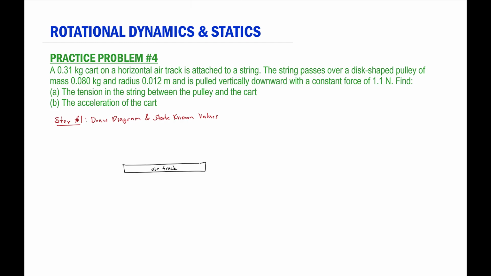And we have some sort of pulley with an axis of rotation here, and that pulley has a mass m. We'll call this little m just to be easy. We also have some sort of cart, which we'll say has a mass of capital M. And there is a string like this.